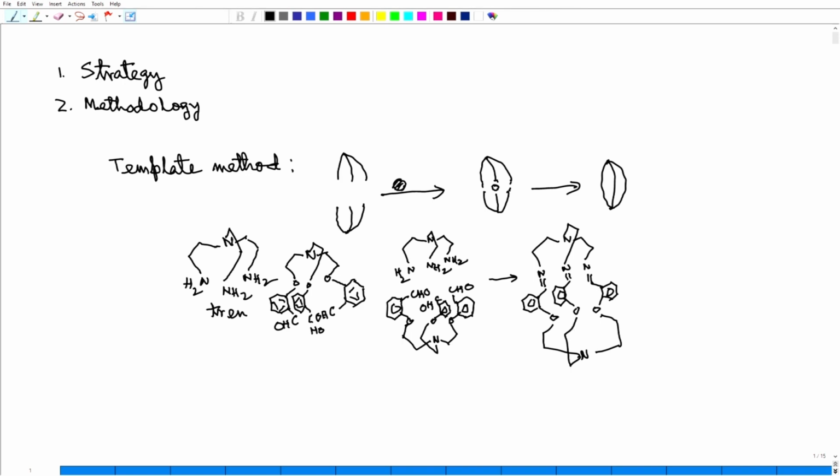So, it will form a Schiff base like that, and then upon reduction I will make this particular compound, NH.